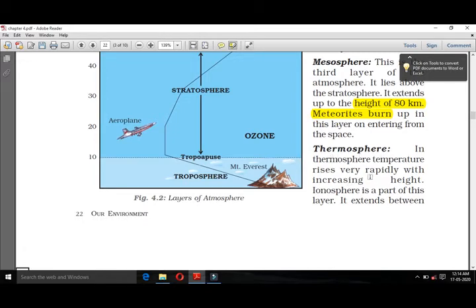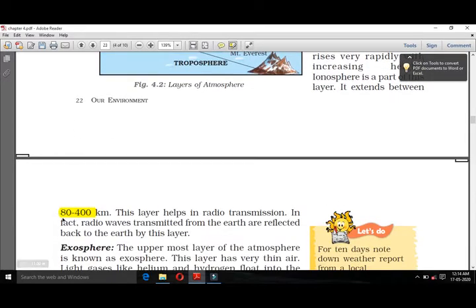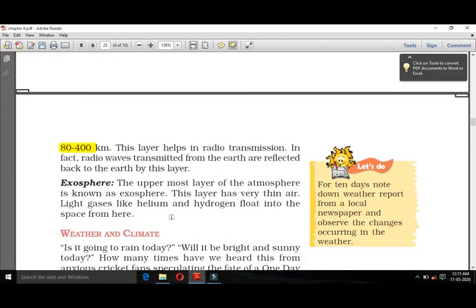And then the thermosphere. The thermosphere rises very rapidly with increasing height. It extends between 80 to 400 kilometers. This layer helps us: all the radio stations, radio waves, satellites, and phone calling stations are in the thermosphere.